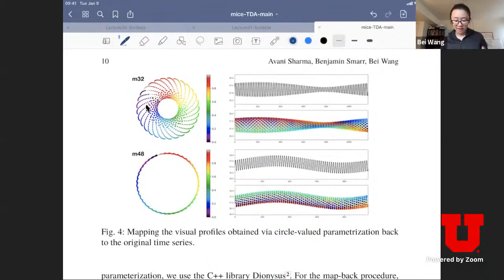So this is sort of a highlighted version. Let's say I have the parameterization of this. So every single point in my high dimensional point cloud is now mapped into S1, right? And what I can do is bring the parameterization back into the data that is after some form of rank filtering. So now you can see the rainbow color goes up and down.